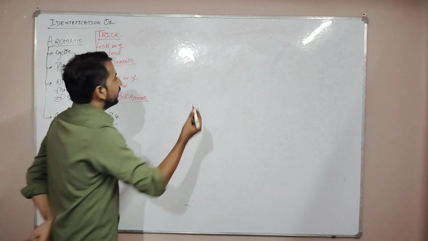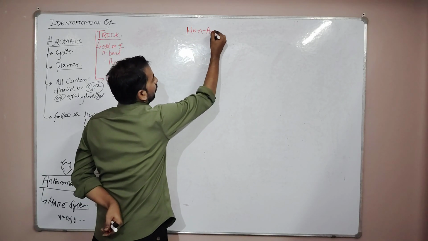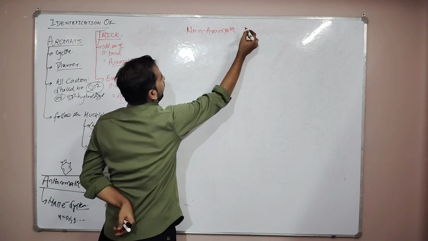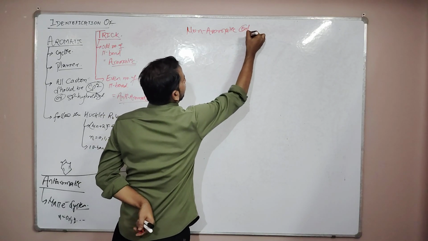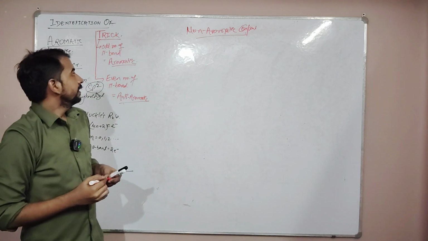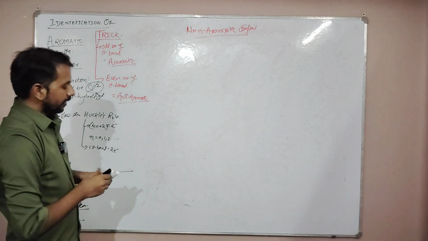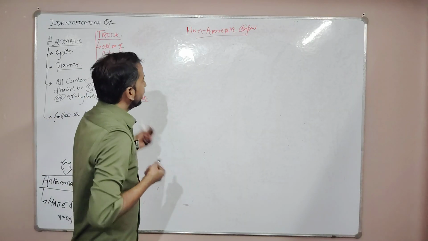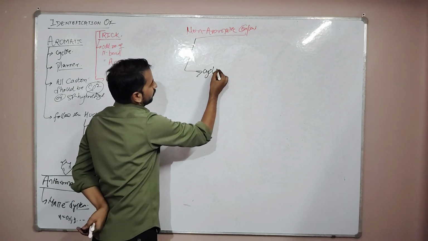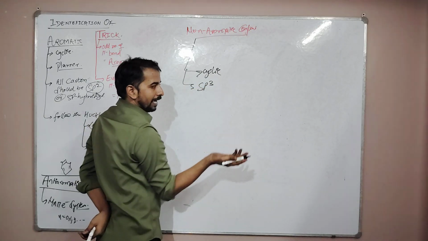Now we will discuss non-aromatic compounds. For aromatic and anti-aromatic we have rules. For non-aromatic, the compound will be cyclic and have an sp3 hybridized carbon.